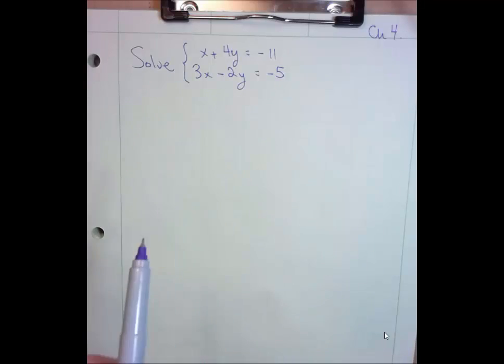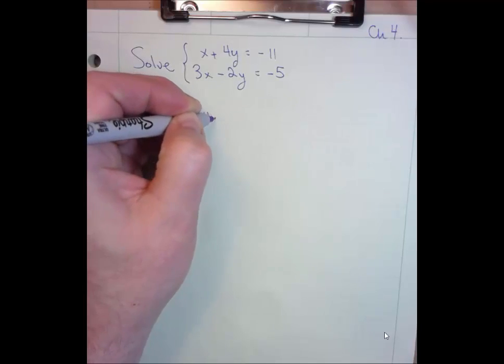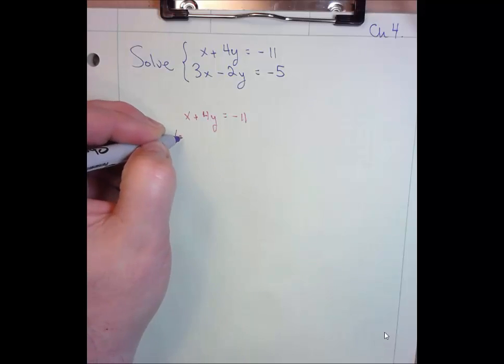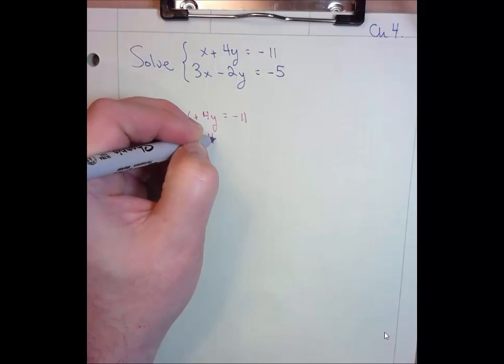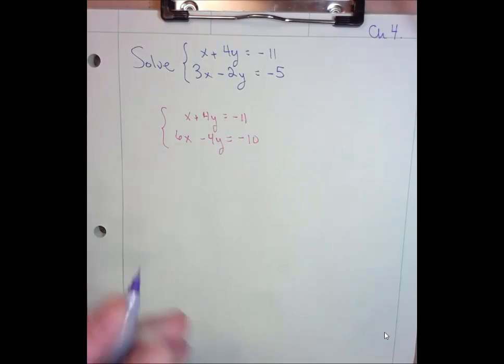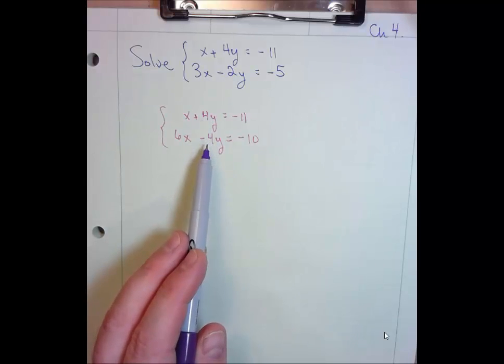So what we're going to do is rewrite this system of equations, having multiplied the second equation by 2. We are allowed to do that. We are in charge. We have not affected the solutions. The solution to this pair is also the solution to this pair.